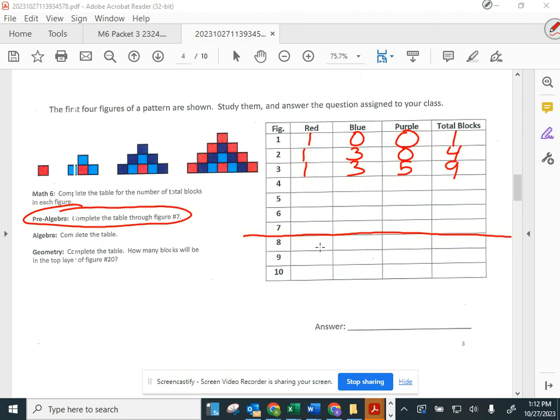Figure 4, red. 8. So they added 7, but you also have to count the red that's on the inside. So there are 8 reds. You have to count all of the reds. How many blues? How many purples? How many total? 16.